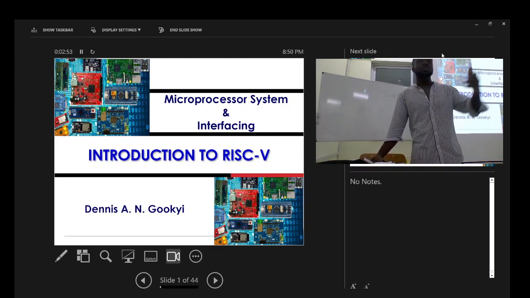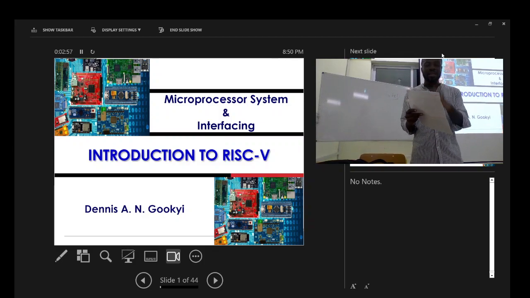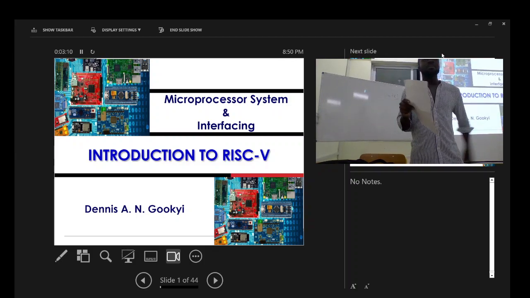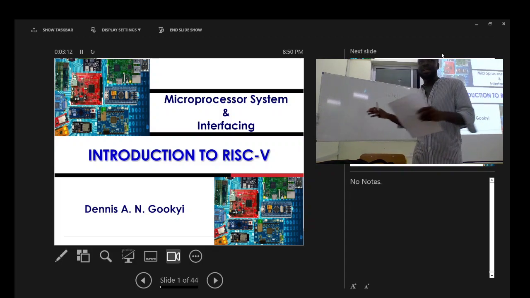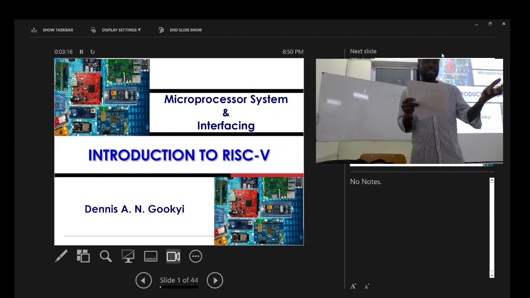The ISA helps you design a CPU. Once you know a CPU's ISA, you can easily design it. What ARM and Intel have done is that they have closed their ISA. You can see it, you can read it, you can understand it, but you cannot design it on your own. You are not allowed.